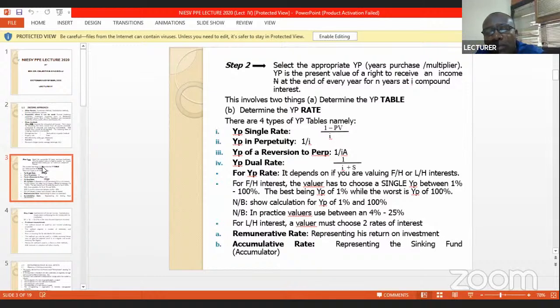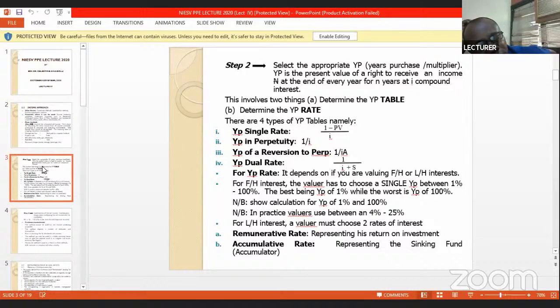For the landlord, the last situation is the YP of a reversion to perpetuity. Whenever a landlord is collecting head rent, that is rent that is less than the full rental value, on the understanding that when that rent expires, the property will revert back to the landlord, and the landlord will start collecting full rental value.